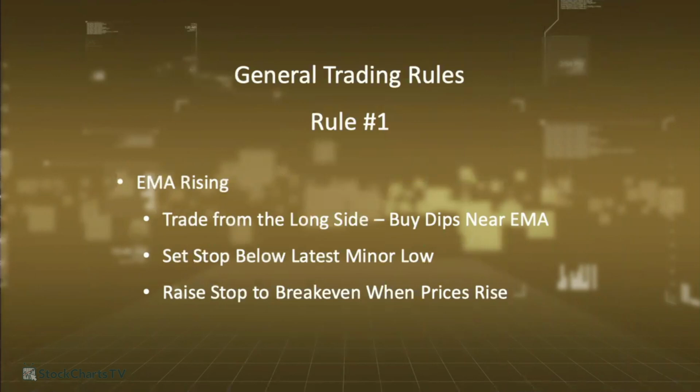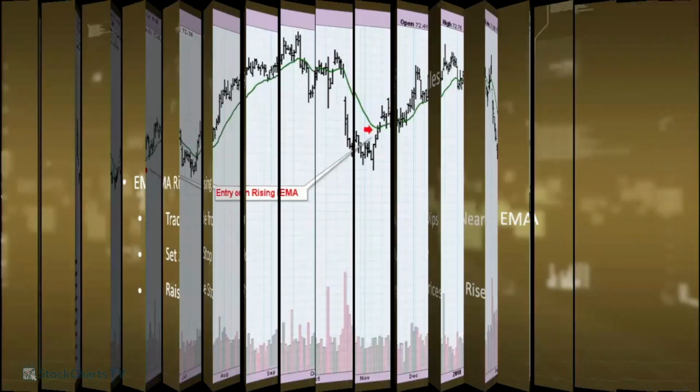So that's where you want to start buying. Even when the EMAs are continuing upward, the price can go down and test it. And then he says to set a stop below the latest minor low. And then you raise your stop, obviously, as prices move higher to protect your investment.